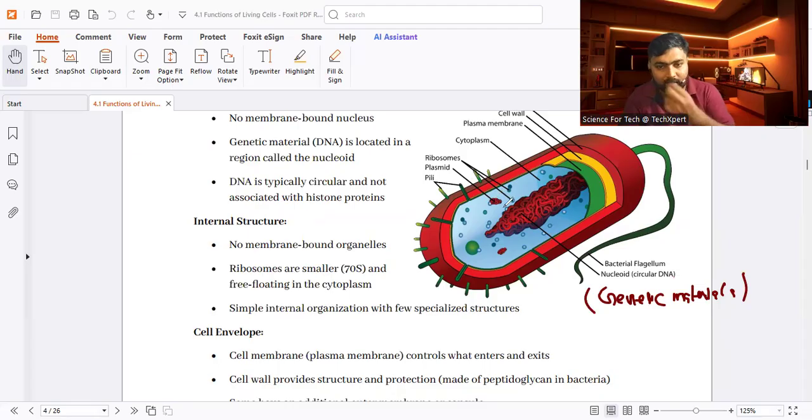And there is another part called plasmid. This is also just like genetic material. Just think of it as genetic material. And this plasmid is used for genetic engineering.